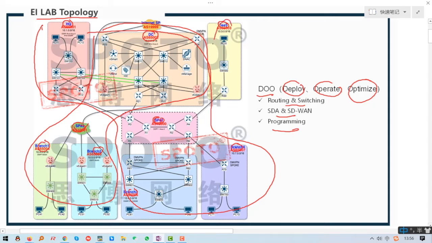And the right part is our programming. Programming is relatively simple for sports students.